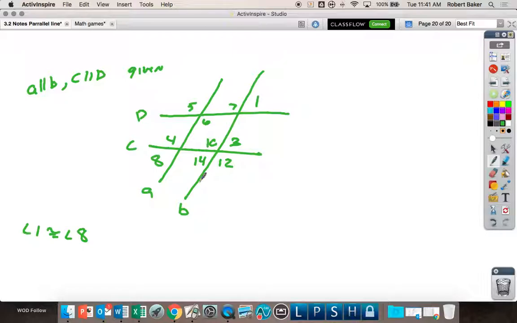Okay, so you know right now that A and B are parallel, C and D are parallel, that's given to you. How can you prove that angle 1 and angle 8 are congruent to each other?